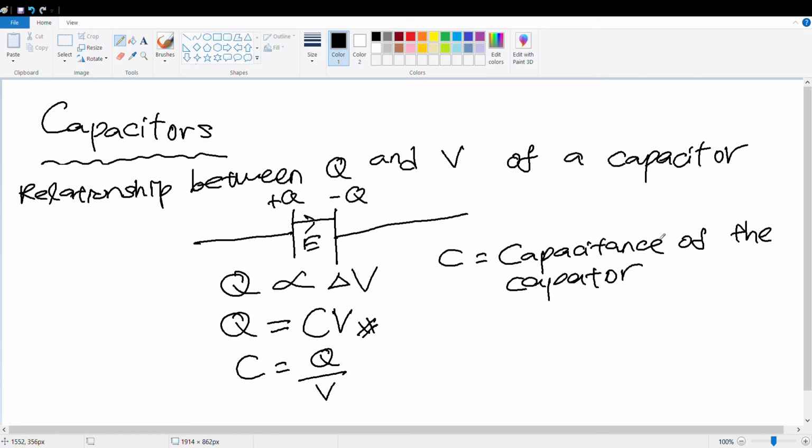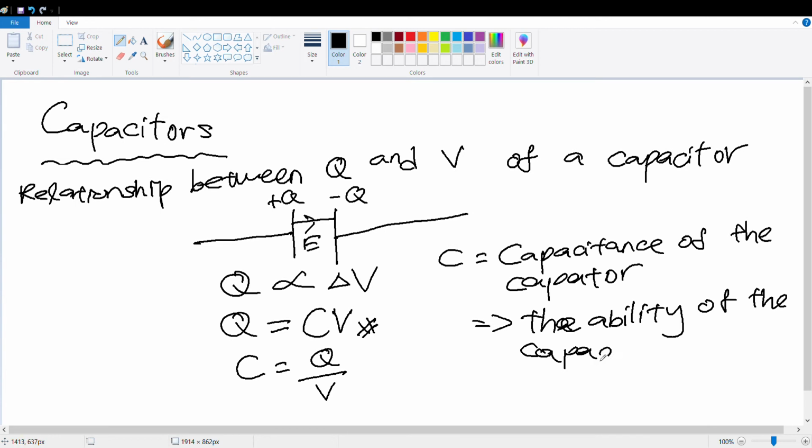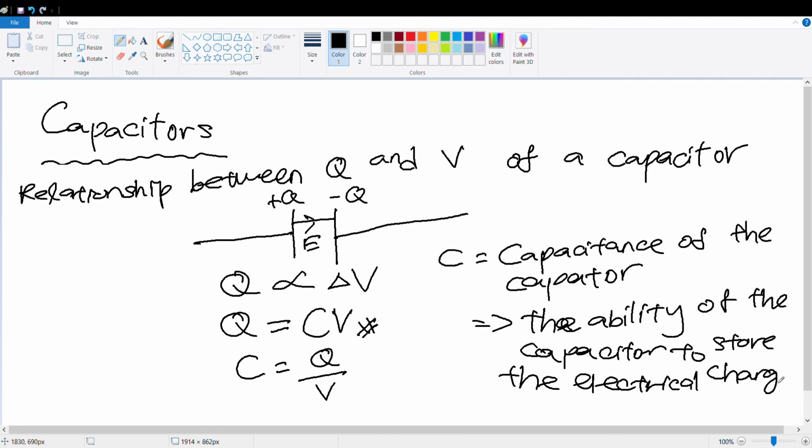The capacitance of the capacitor is the ability of the capacitor to store electrical charges.